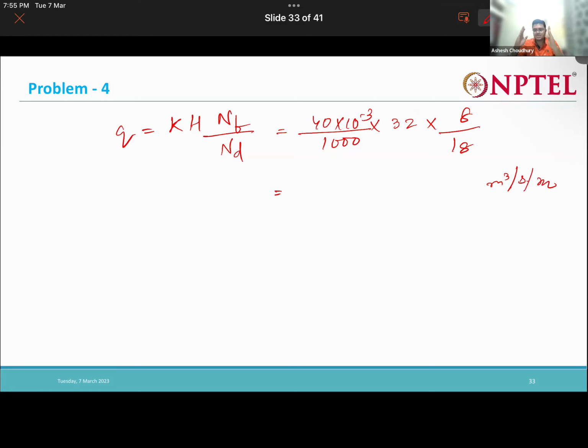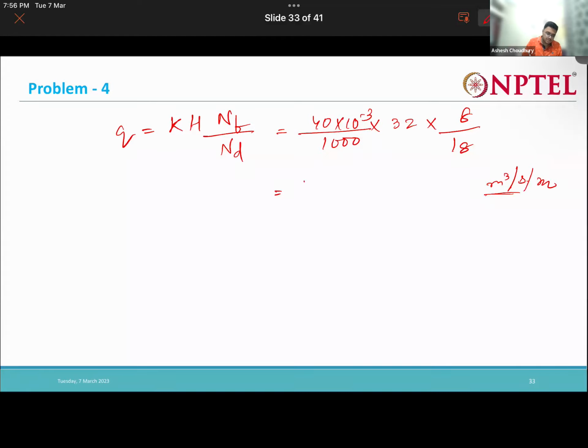Per meter length of the structure means the out-of-plane direction, perpendicular to the screen. We are considering 1 meter, so this much meter cube of flow will happen per second. They have asked how much per day, so you convert this meter cube per second to meter cube per day.